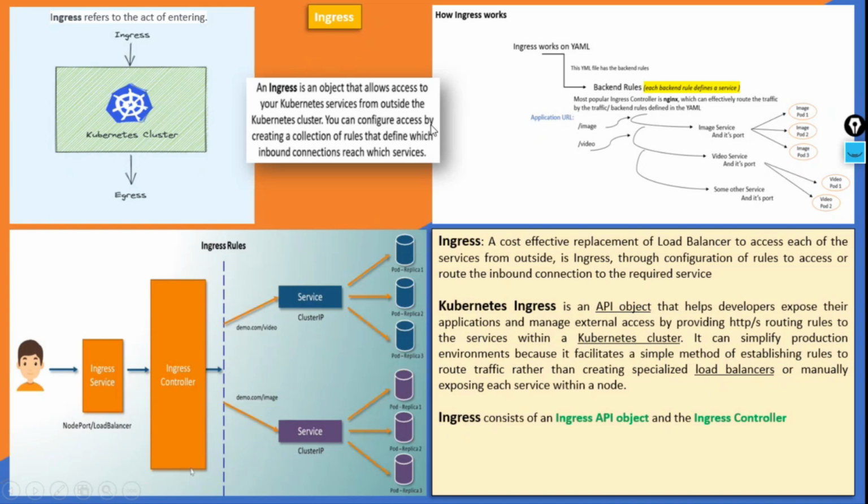You can configure access by creating a collection of rules that define which inbound connections reach which service. So there can be multiple services, each of the services taking you to different pods. This service is an internal service, right? Cluster IP, as we have discussed, is an internal service.